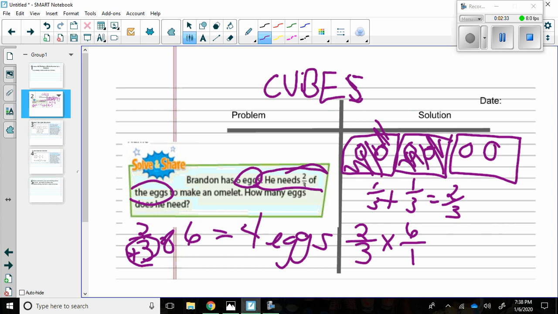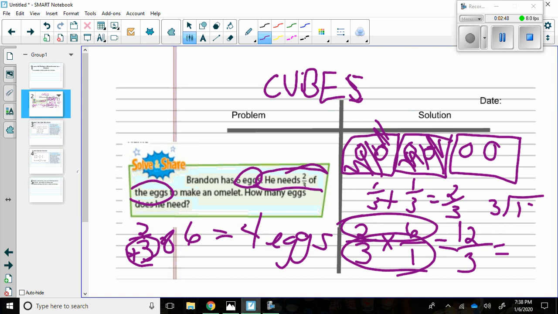It doesn't change the value of the 6. So then if we multiply, 2 times 6 is 12, and 3 times 1 is 3. That is improper. So 3 goes into 12 4 times.